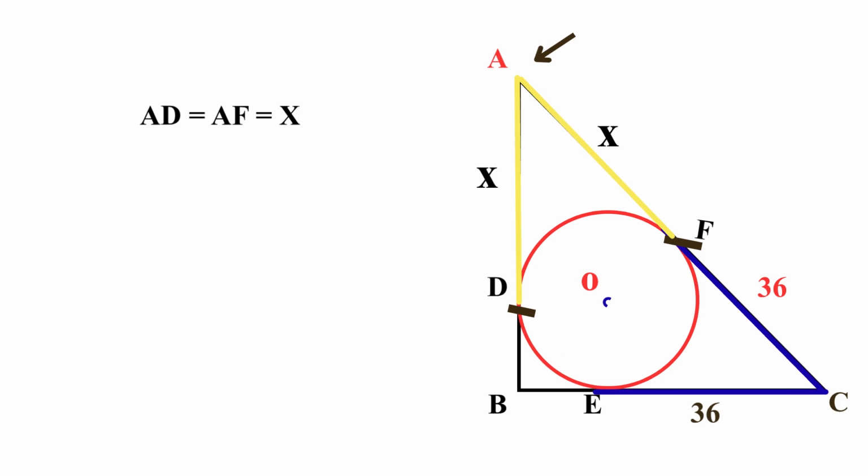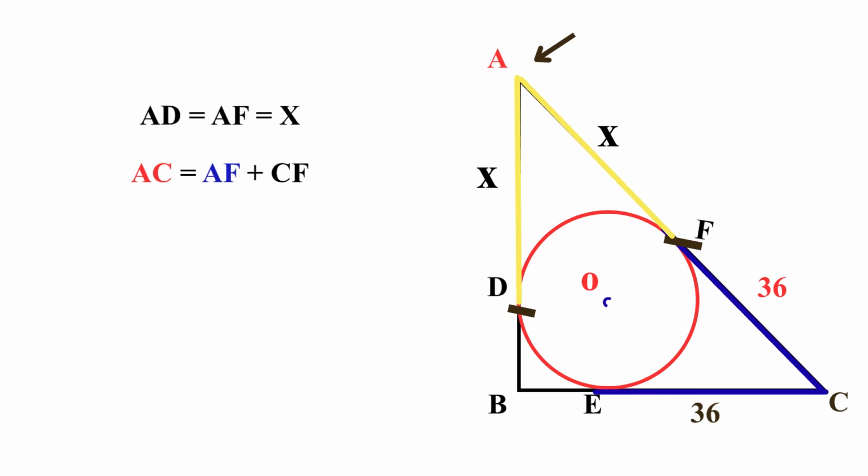Now, from here, everything starts to come together beautifully. Let's build the three sides of our triangle using what we know. First, the hypotenuse, AC. Look at side AC.